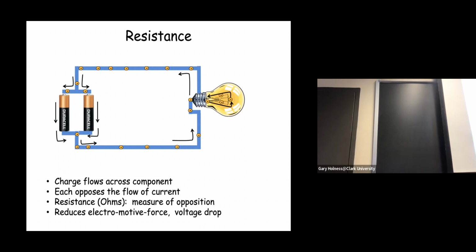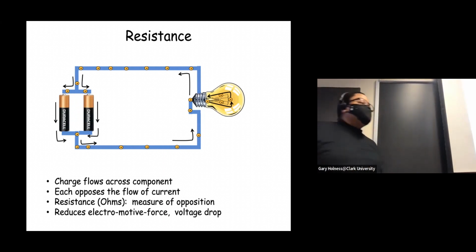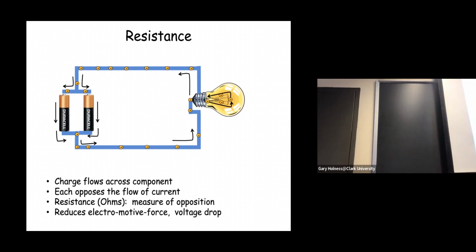Now, resistance is the measurement of how much a particular component inhibits electrons. The generalization of resistance is called impedance, and that's beyond the scope of what we're going to do this semester. But that being the case, you measure resistance in a unit called ohms.